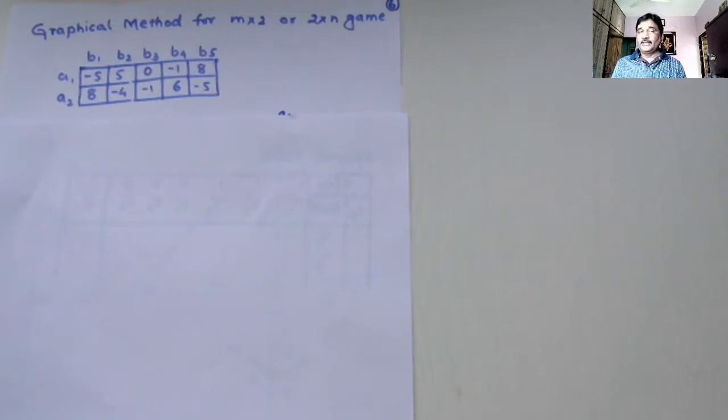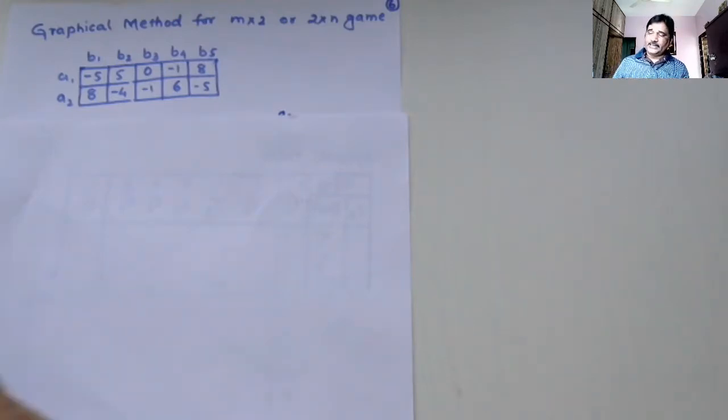If one of the players has two courses of action available and the other player has more than two, and you handle that problem by the graphical method, then the labor is not to the extent required in the subgame method. So we will be seeing in this lecture how to solve the problem by the graphical method, right?